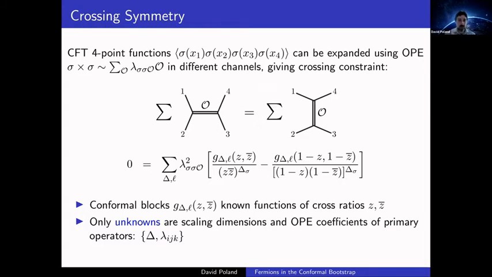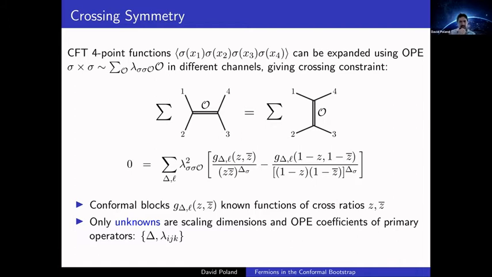And this crossing equation tells you that an expansion in conformal blocks in one channel has to equal an expansion in conformal blocks in a crossed channel. So this gives you a kind of sum rule. It tells you that a sum over a certain special function labeled by scaling dimension and spin of the exchanged operators with positive coefficients has to equal 0.